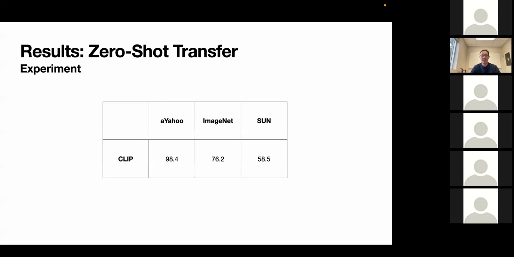On the Yahoo data set, it has 98.4 performance, and for the other two, 76 and 58. If we just look at those numbers, we can feel nothing, right? Because the data is just some numbers.